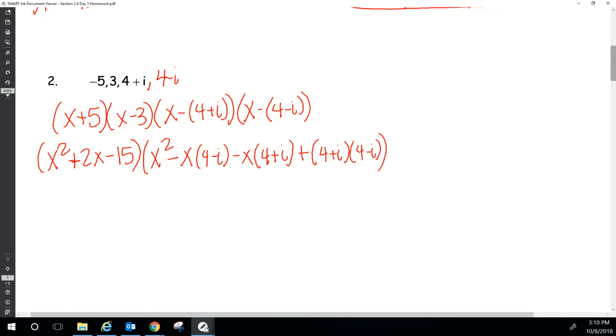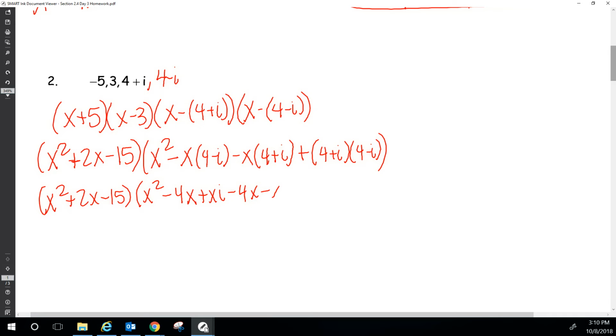All right, let's clean this up a little bit before we multiply times our trinomial. I've got x squared. Distributing this negative x gives me negative 4x. Negative times negative is positive xi. Again, negative x times 4 is negative 4x.